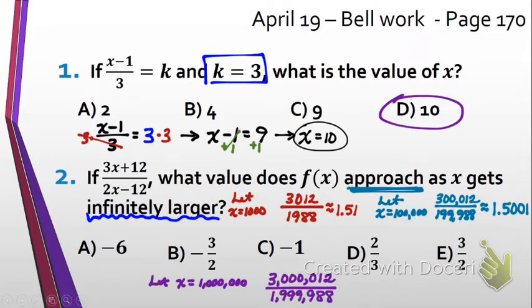Let's divide those and see what it comes out to, about. You said what? 1.5000. That's really, really close to 1.5, right?